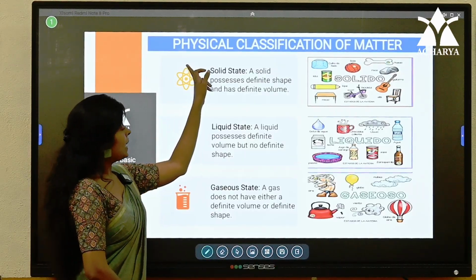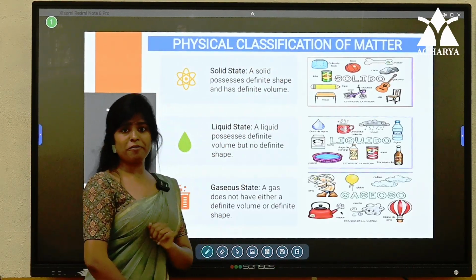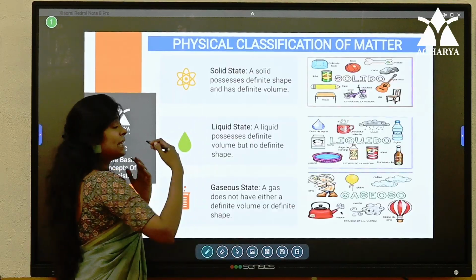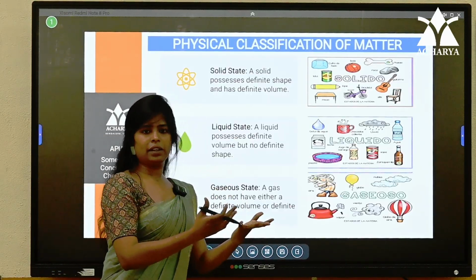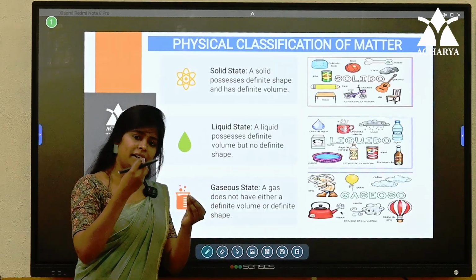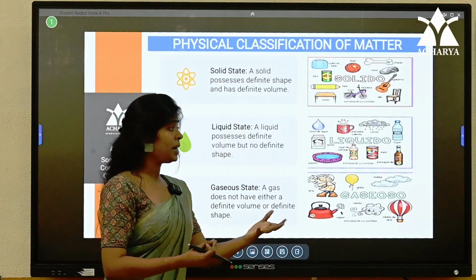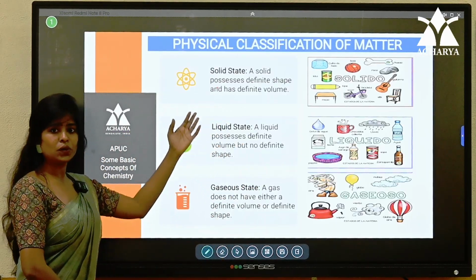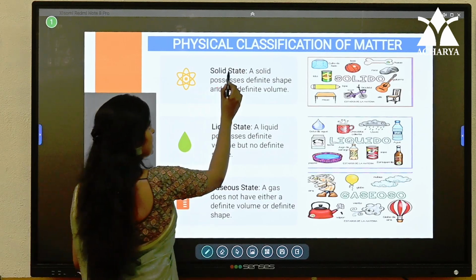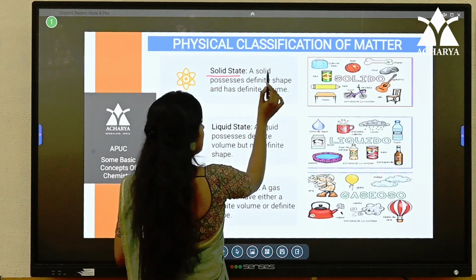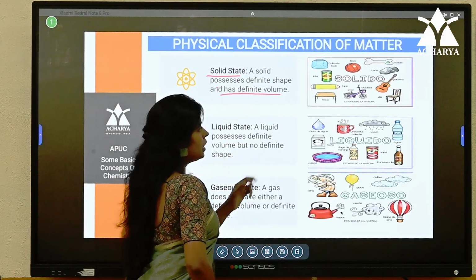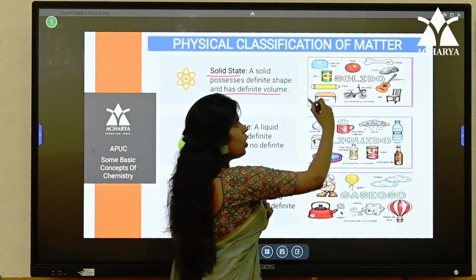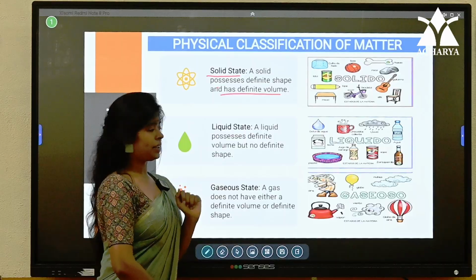Now, we can understand the physical classification of matter. Physical classification means physical existence. We see whether the particular matter exists in solid state, liquid state, or gaseous state. Based on that, we can categorize it into solid, liquid, gas. You can see in solid state, the solid possesses a definite shape and has a definite volume. These are all examples of solid state.